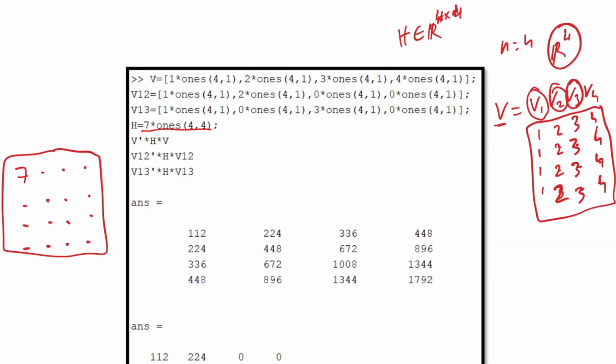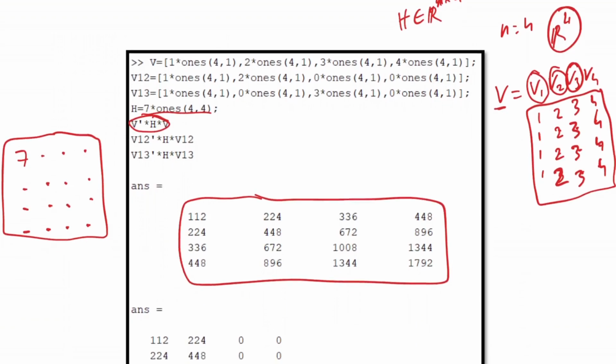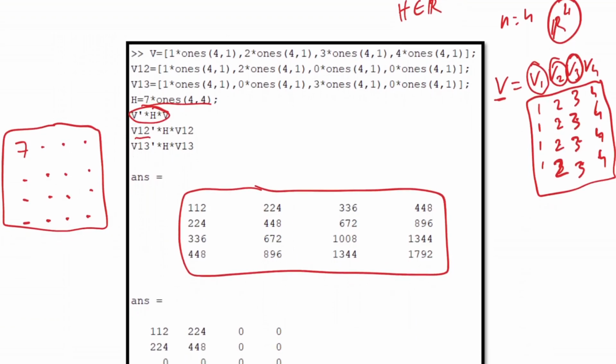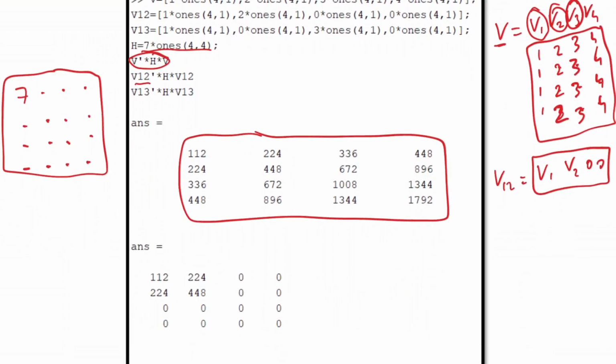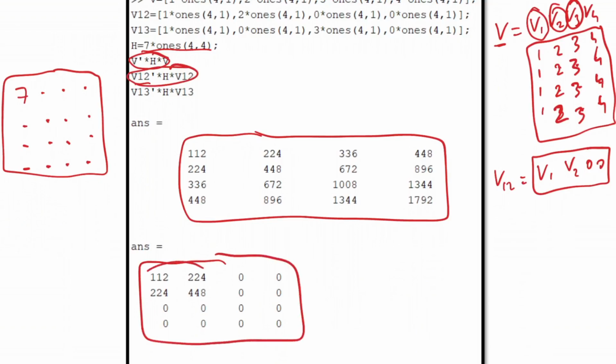Okay, so this is this expression, right? And let's continue, let's focus on v12. v12 is v1, v2, and other entries are 0. Okay, 0 vectors, we just changed v3 and v4. And now let's look at that, okay, what do we have? We have this. So you can see that they are similar, right?